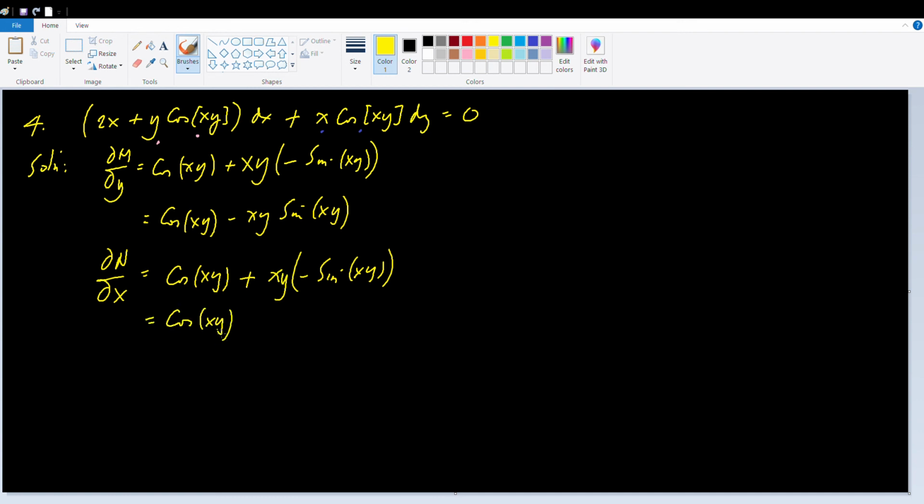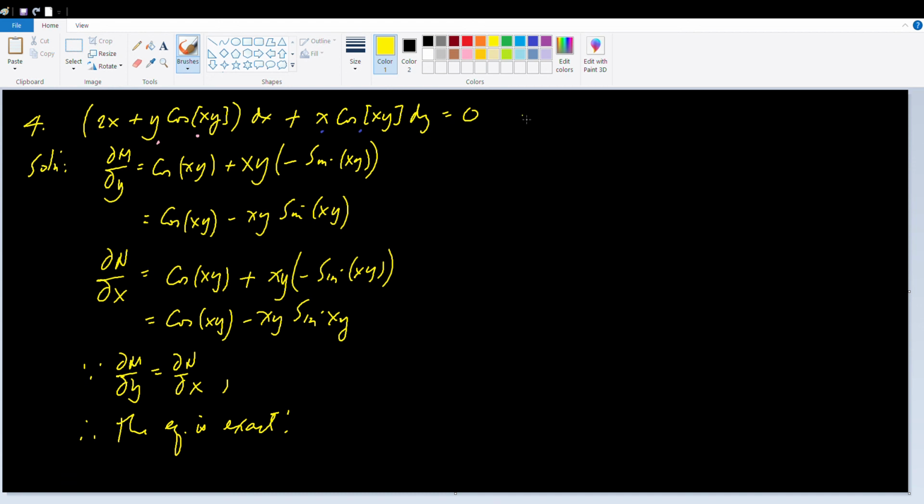Cosine of xy minus xy sine of xy. So we see that the two are equal. The partial of m with respect to y is equal to partial of n with respect to x. So therefore, the equation is exact.